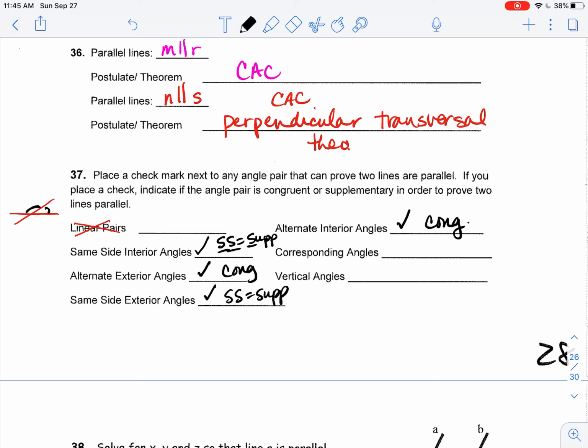Alternate interior, yes, and those are congruent. And corresponding angles, yes, those are congruent. Those are angles in the same position in each angle grouping. Vertical angles, those do not prove lines are parallel. Those are just proving that angles are congruent, but nothing to do with lines.